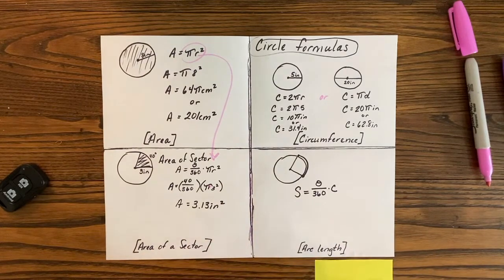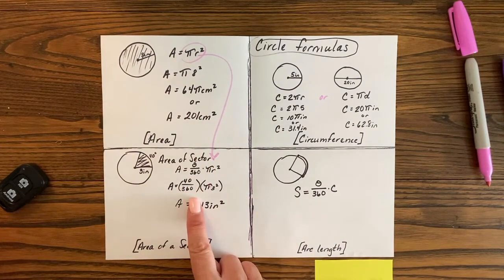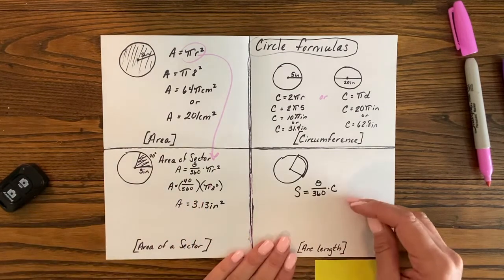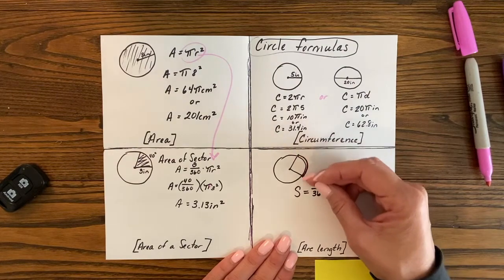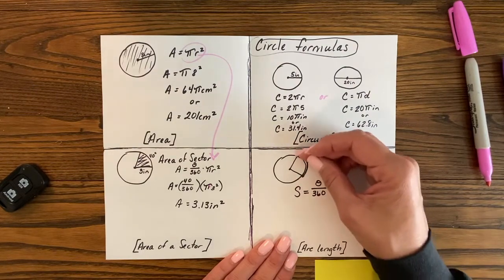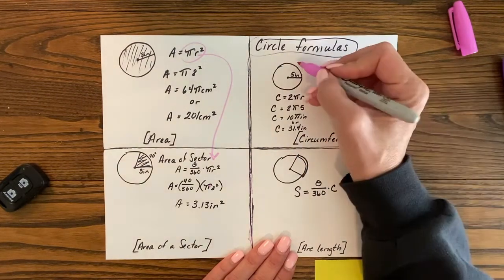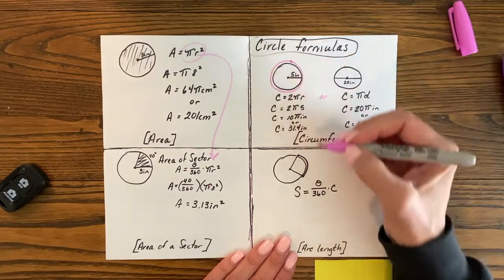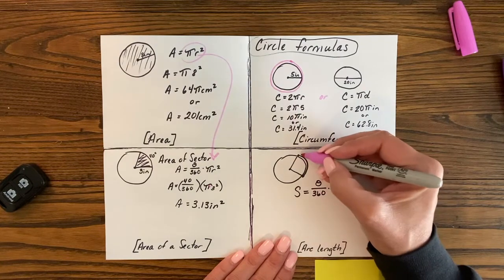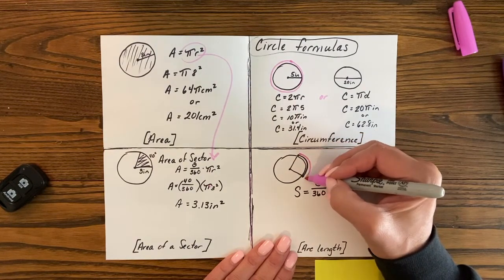Notice we used our area formula for the area of a sector. This time we're going to use our circumference formula to find the arc length, which makes sense because circumference is the distance around and the arc length is the distance of our arc.